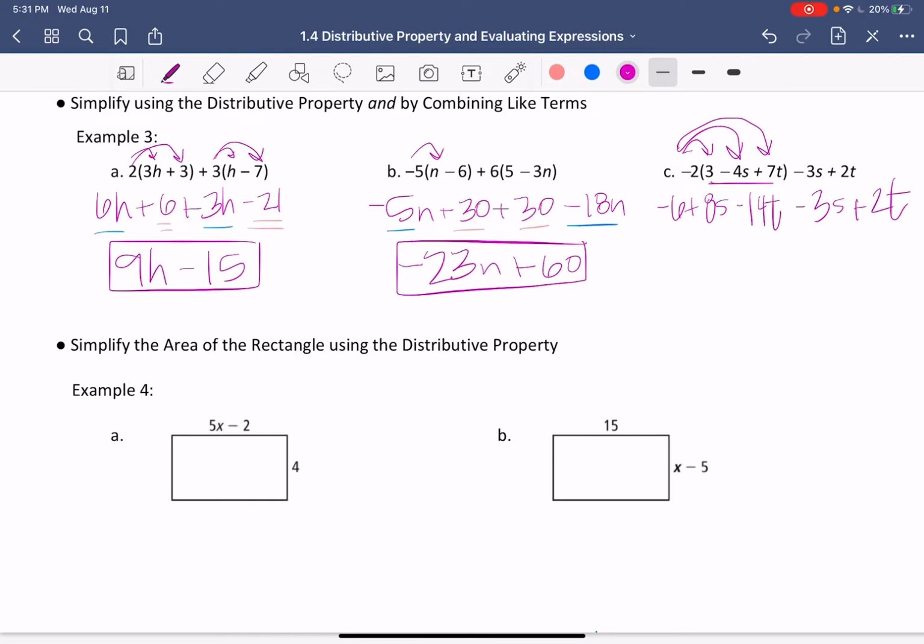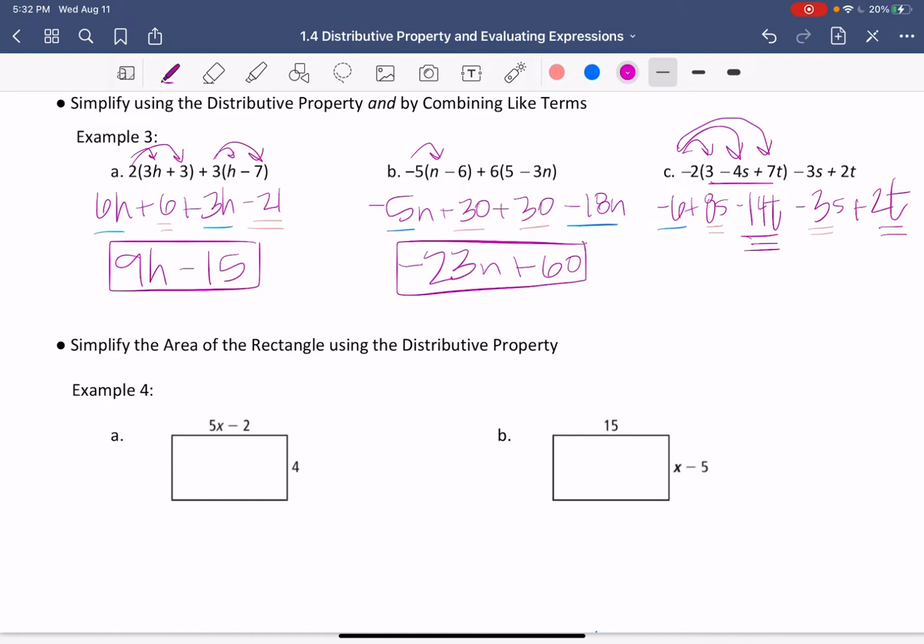All right, now let's highlight some like terms. So we have 6. That can go with nothing, okay? So then we have 8s. And we have negative 3s. And then we have negative 14t. And positive 2t. So let's go ahead and start with our variables.